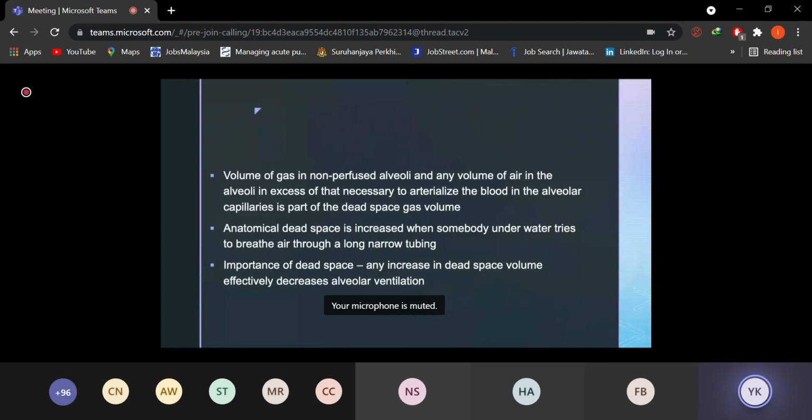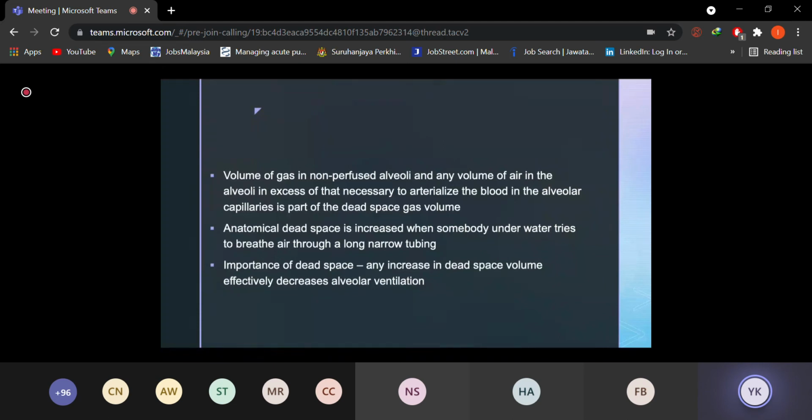Okay, so the anatomical dead space is increased when somebody underwater tries to breathe air through a long narrow tubing. Why? Because the long narrow tubing is also considered as anatomy.